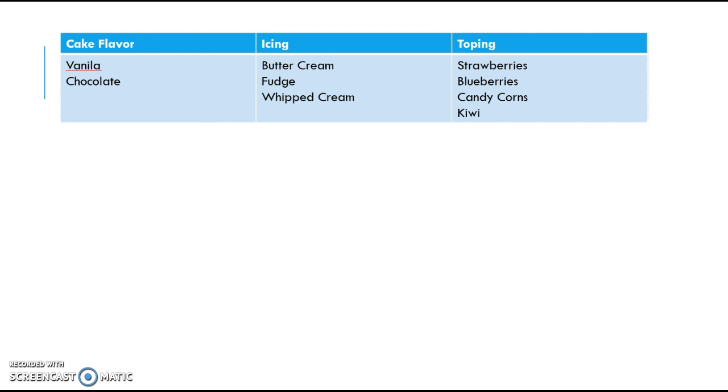So we're making cakes. We've got 2 base flavors of cake to choose from, and then 3 icings and 4 various toppings. So this can be pretty nicely set up with a tree.